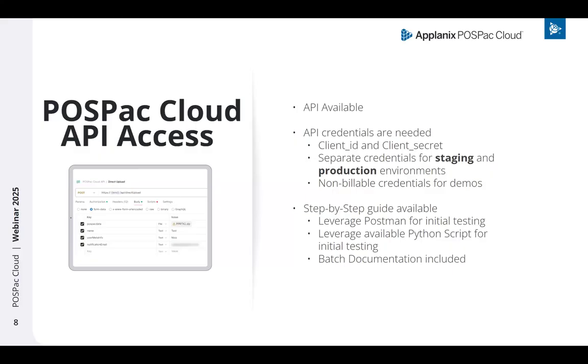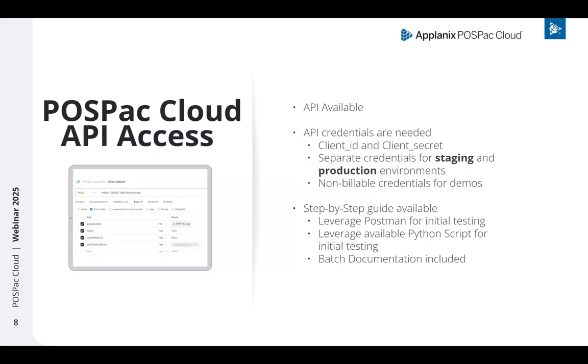There are separate credentials for the staging and production environments. The staging credentials are ideal for development and testing, while the production credentials are used for live billable jobs. We also provide non-billable credentials, which are available on a case-by-case basis for customer demonstrations. These allow you to explore and showcase the system without incurring any costs.